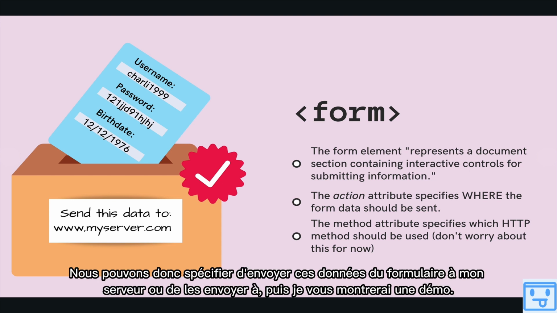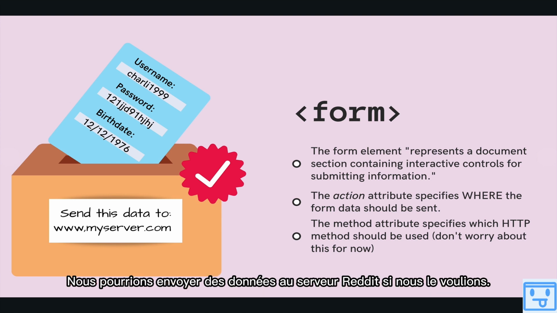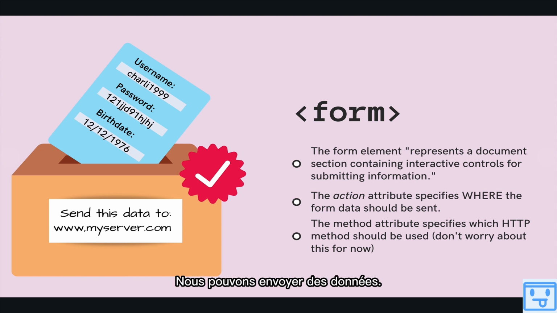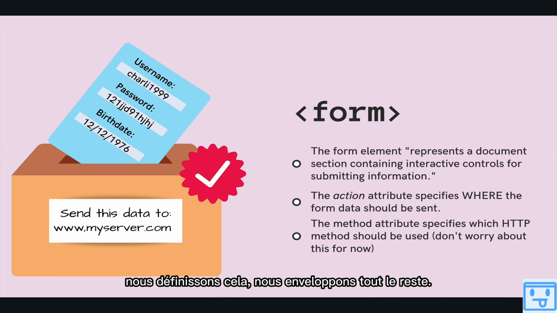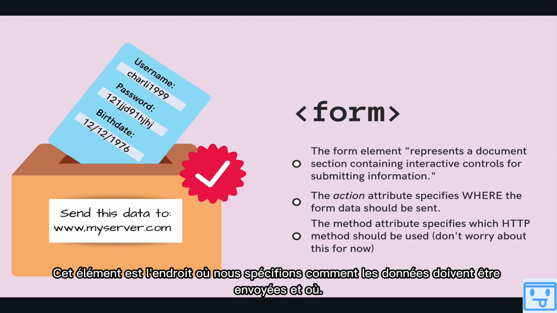So we can specify, send this data from the form to my server, or I'll show you a demo, we could send data to Reddit's server if we wanted to. We can send data, I won't say wherever, but we have a lot of flexibility. And that parent form element that we wrap around everything else is where we specify how the data should be sent and where.